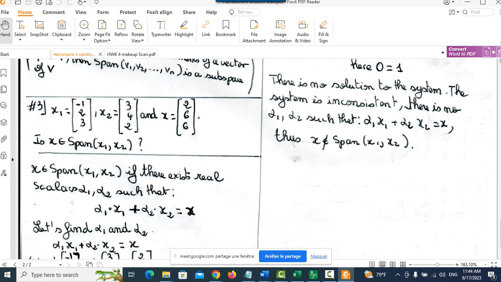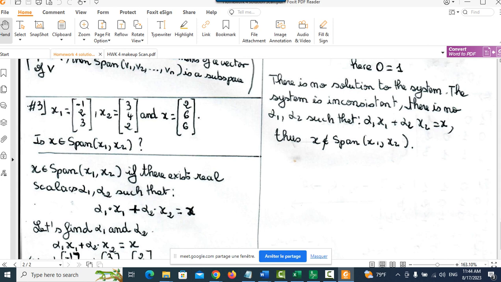The next one, number 3: x1 is a vector, x2 is a vector, and then you have a vector x. The question is, does x belong to the span of x1 and x2? In other words, does this vector x belong to the set of all of the linear combinations of x1 and x2? What can we do?